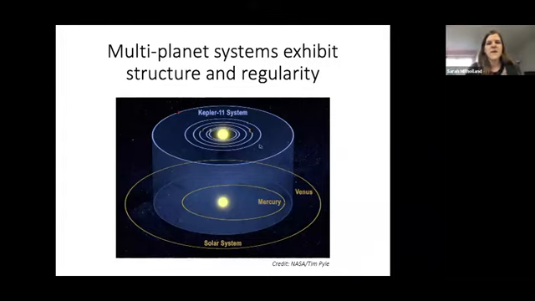They're all orbiting inside Venus's orbit, and at least the inner 5 have pretty uniform orbital spacing. So the system is pretty structured in the sense that it has really low complexity. It's almost as architecturally simple as a planetary system can get.